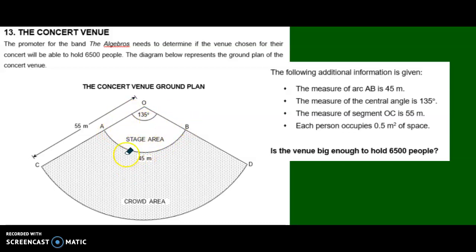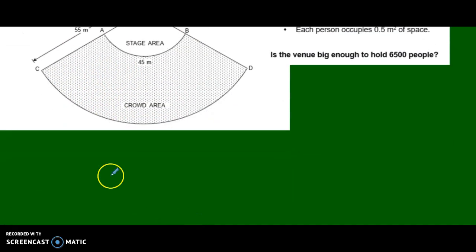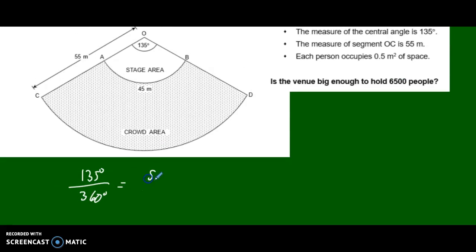So let's start by finding the area of this big sector. The sector area formula is the angle, 135 degrees out of 360, equals the sector area, that's what we're looking for, divided by the total area. The total area is pi r squared. This is r.